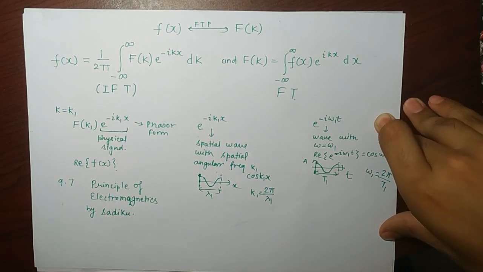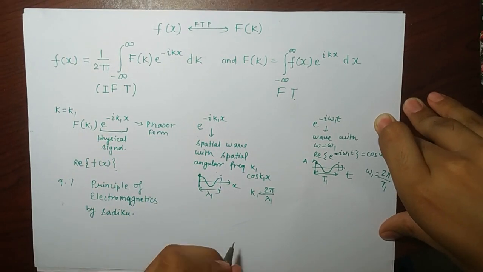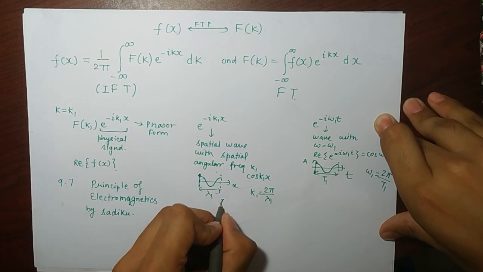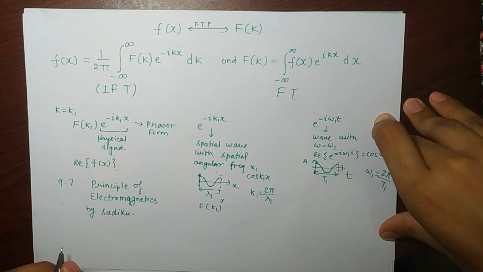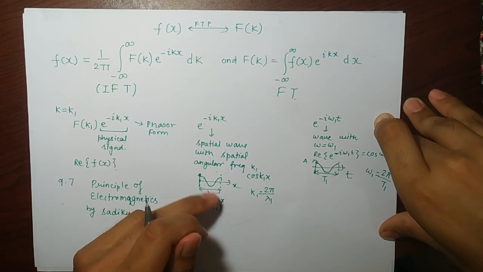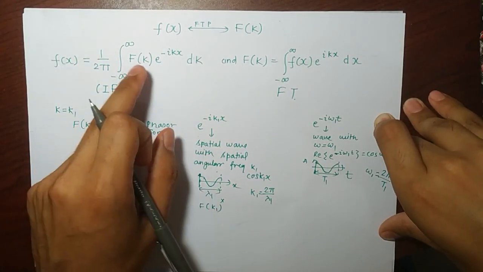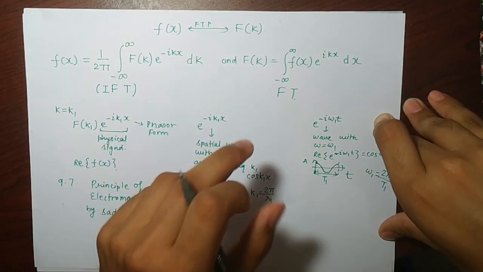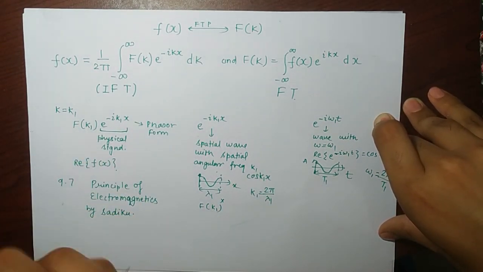Fine. So this particular signal is getting multiplied by f(k1). This gives me the product of f(k) e^(-ikx) for a neighborhood around k1.